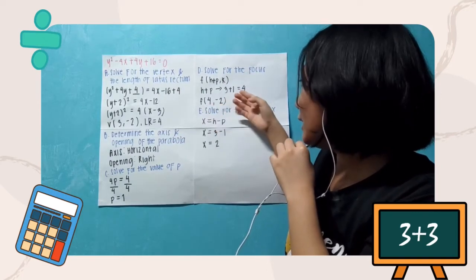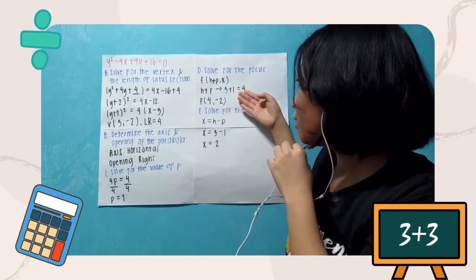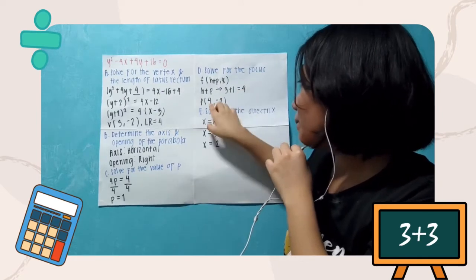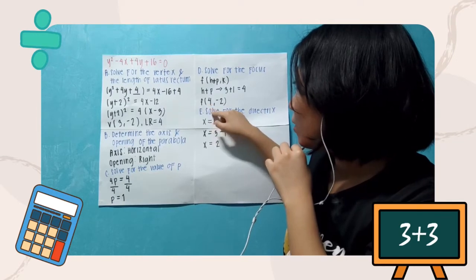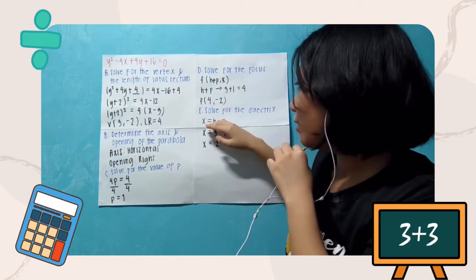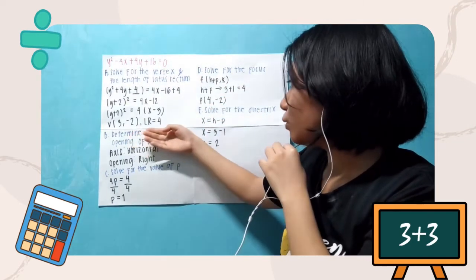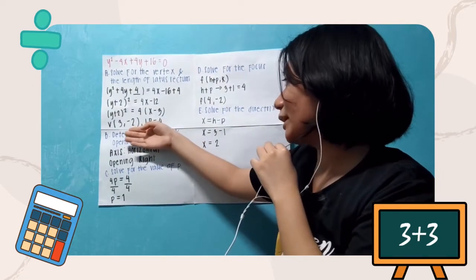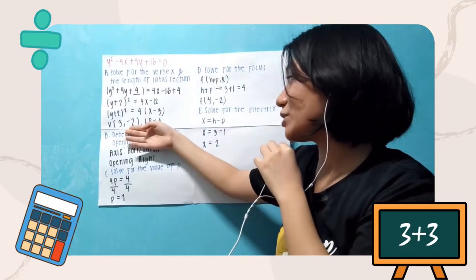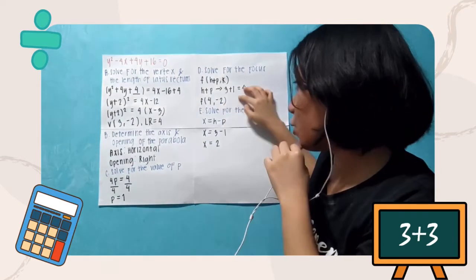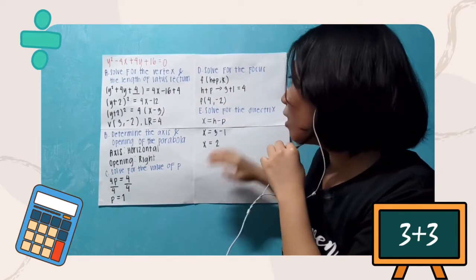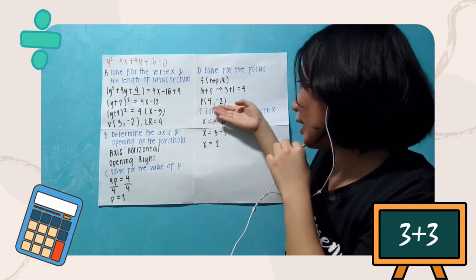Now the value of h plus p is 4. Then for k, we substitute the value of k, which is negative 2. So the focus now is (4, negative 2).